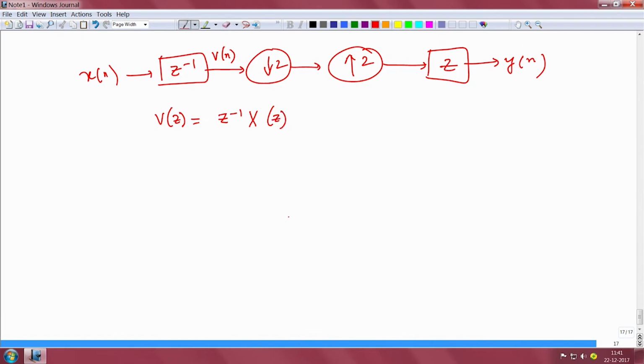And if we write this as some r of z, from the previous example we had this kind of a downsample followed by an upsampler. So we have r of z from the previous result equal to half of v of z plus v of minus z.